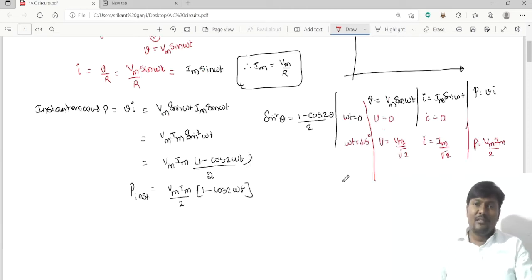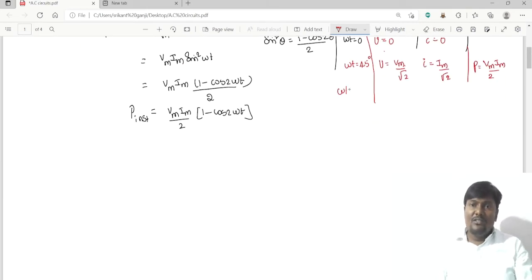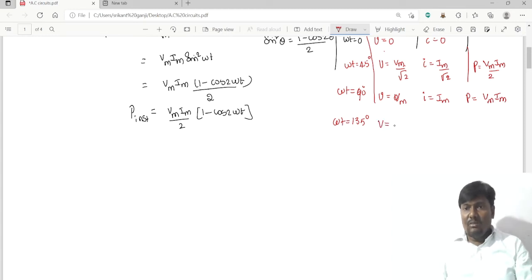divided by 2. At omega t equal to 90 degrees, V is equal to V max sin 90, that is V max, and I is equal to I max. Then the instantaneous power is V max into I max. At omega t equal to 135 degrees, V is equal to V max sin (90 plus 45), so cos 45, is Vm by root 2, and I is equal to Im divided by root 2.